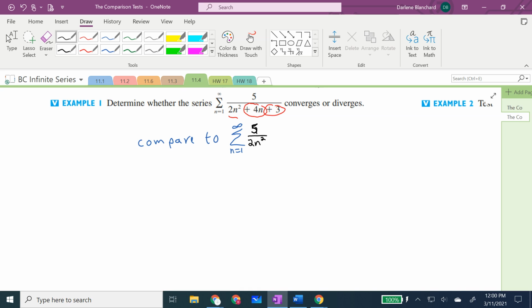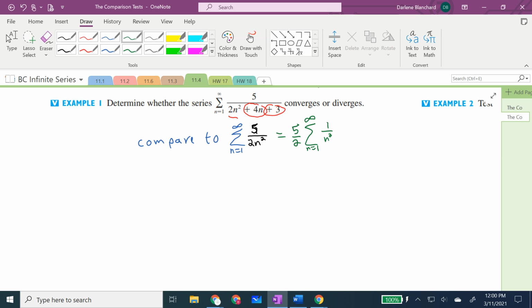Now, a side note, you can take a constant multiple, pull it out of sigma, so that you can see the P series better. If I have a number that is finite or infinite, and I multiply it by 5 halves, it is still finite or it is still infinite.